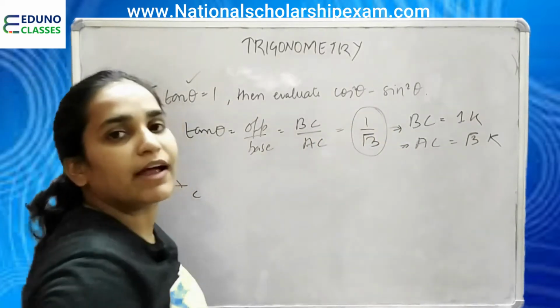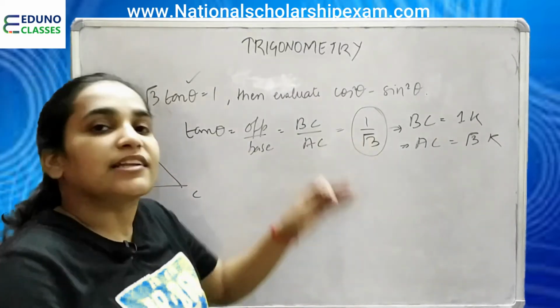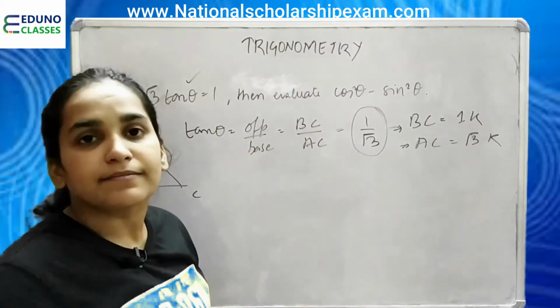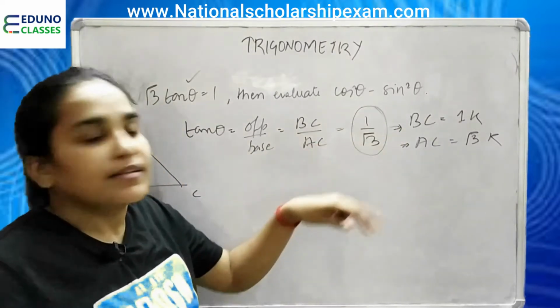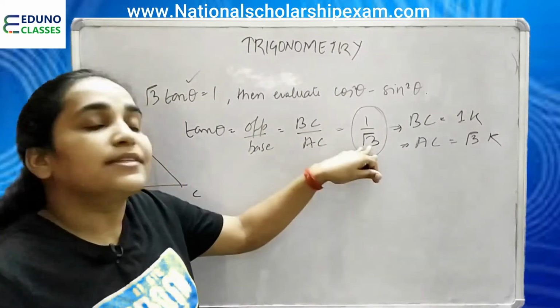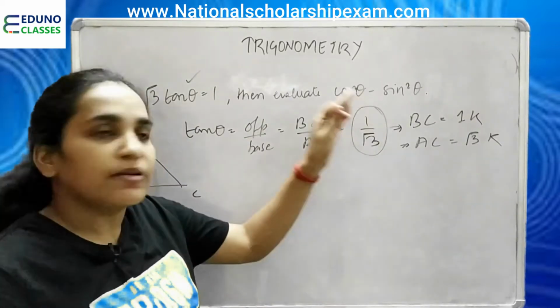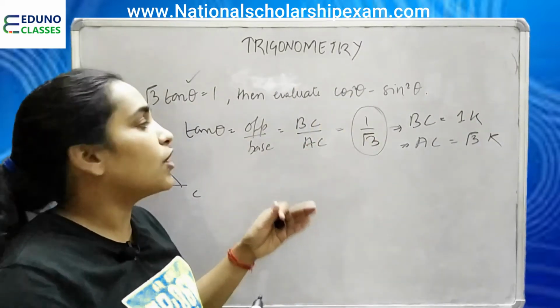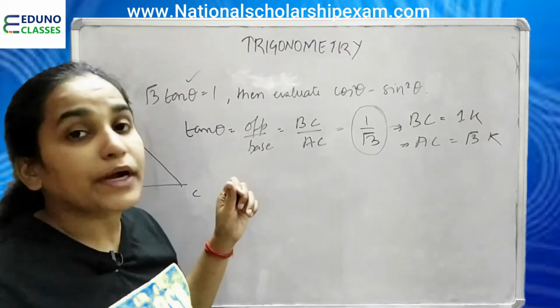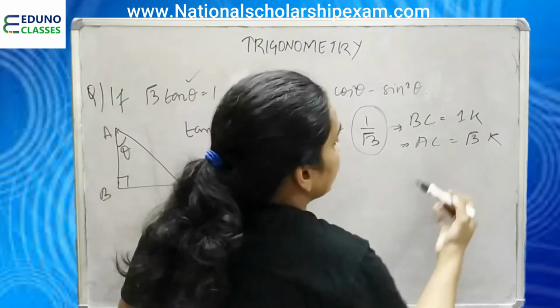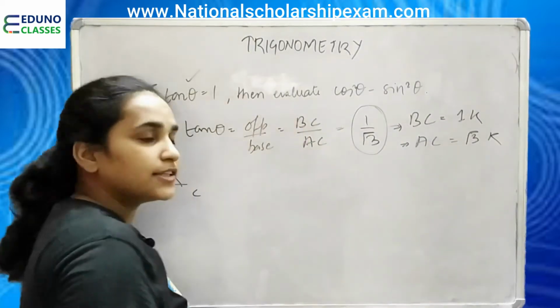Root 3 is not the real value of AC. 1 by root 3 is the simplified form of BC by AC. The real value of BC will be some multiple of 1, and AC will be some multiple of root 3, and those multiples would have been common. That is why it got cancelled in the simplified form. Fine. So we have BC is equal to 1k, AC is equal to root 3k.